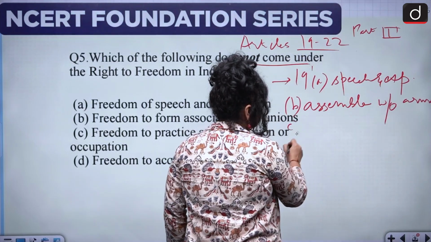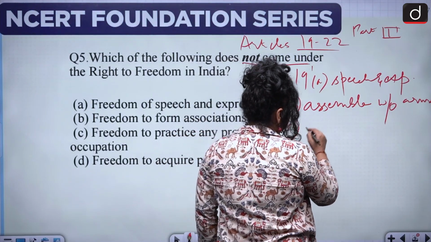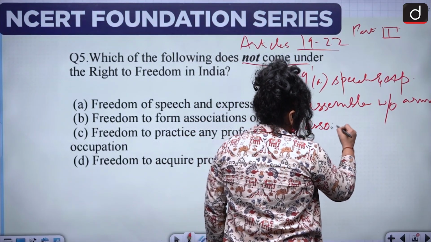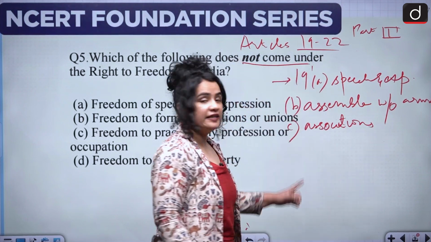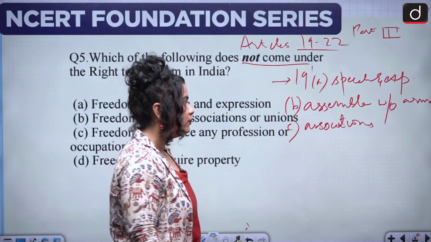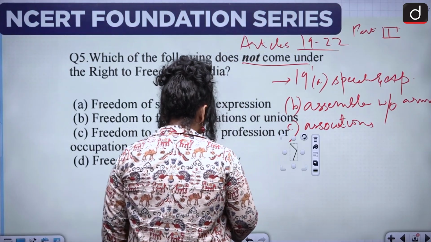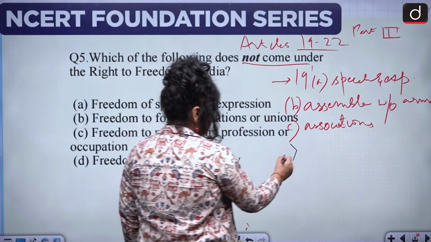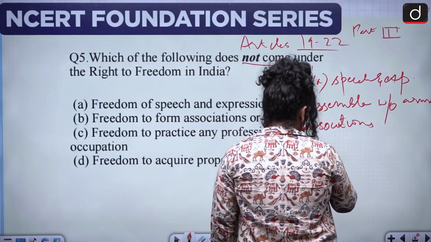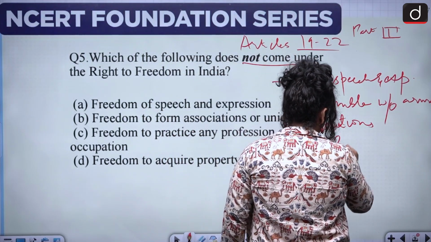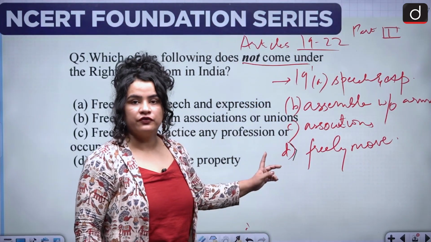The third is the right to form associations or unions. That is also a freedom guaranteed by the Constitution; you can form associations and you can form unions. Next, the right to move freely throughout the territory of India.